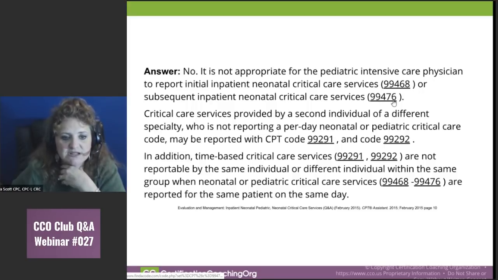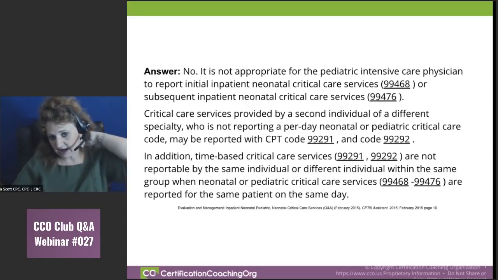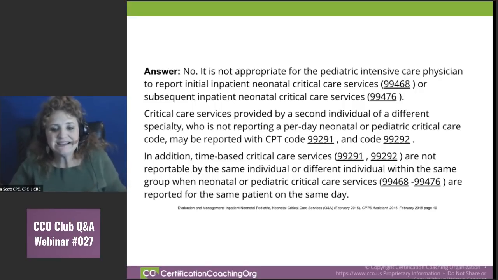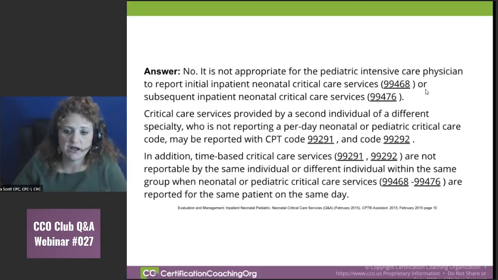It's not appropriate for the PICU doctor to report initial neonatal care services 99468 or subsequent 99476. The critical care services are provided by the second individual and of a different specialty. So they're not reporting a per day neonatal or pediatric critical care. In addition, the time-based critical care codes that we were talking about earlier are not reportable.